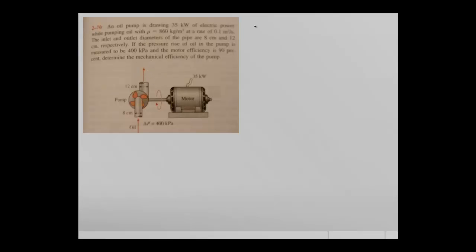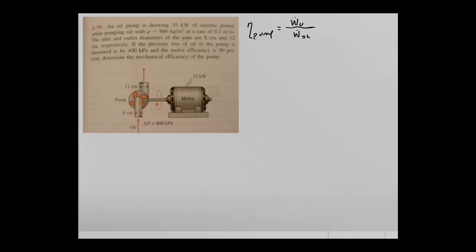If we would like to get that pump efficiency, we know that it will be the useful power that we're imposing on the fluid divided by the shaft work that we are introducing.